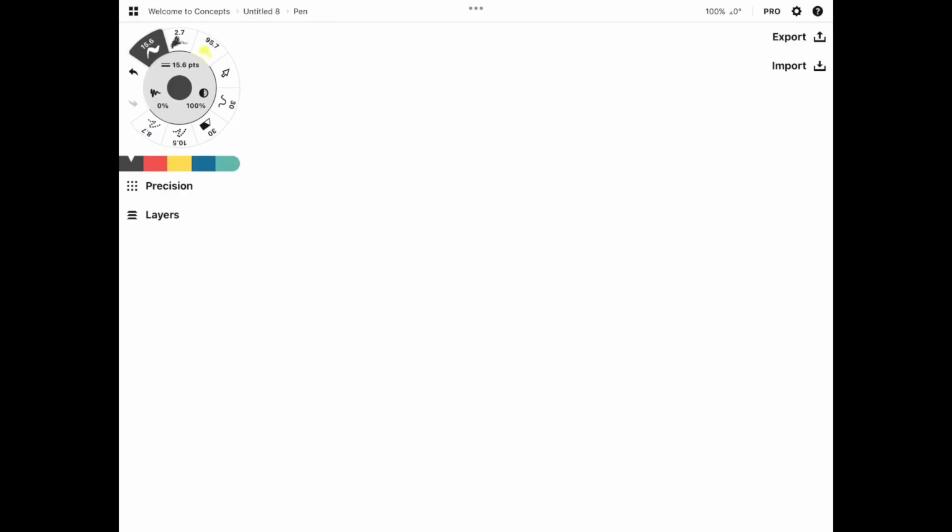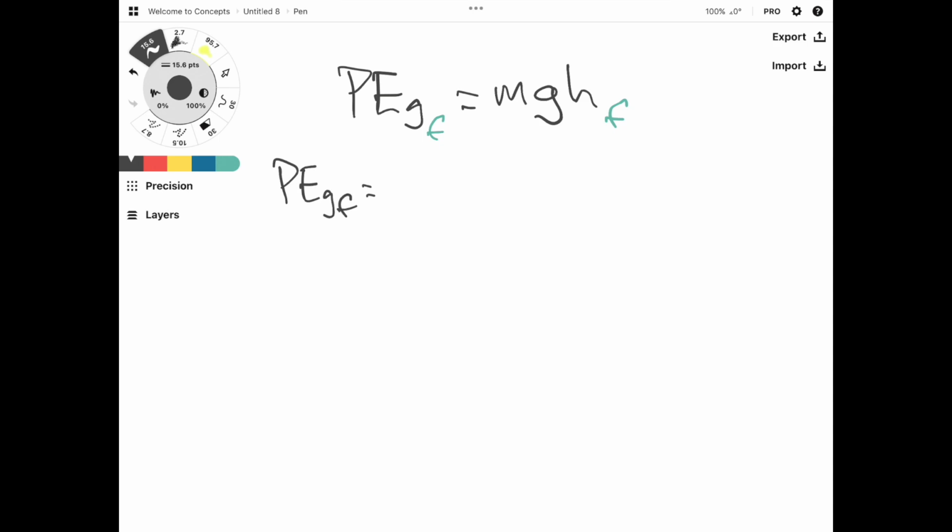All right, so the potential energy due to gravity final is equal to mass times gravity times height final, so the final height. So let's see. Mass is still 0.210 kilograms. G is 9.81 meters per second squared. And my final height is 0.490 meters.